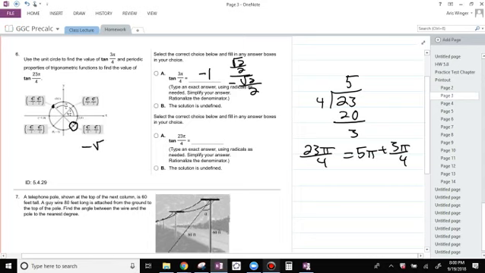Tangent is the y coordinate over the x coordinate, and it's still the same thing. Questions about that? Counting around the circle? Seem to practice that pretty well.